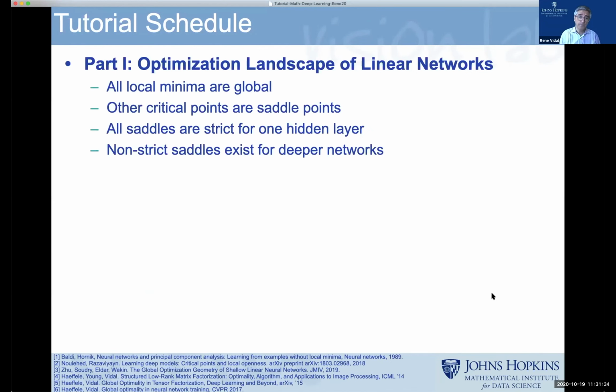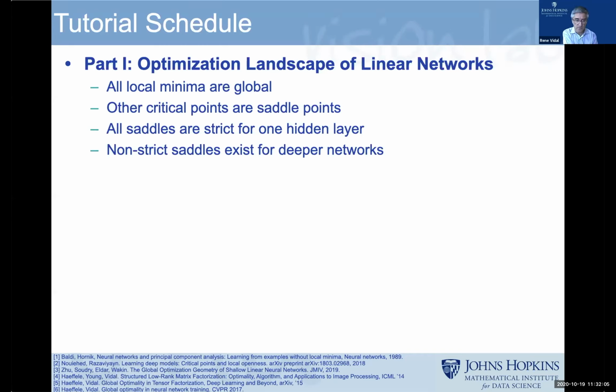As for the first tutorial, I think the big key message from the first part was to study the optimization landscape for linear networks. The main results that I shared were the following: in the case of linear networks, if you train the network without any regularization, you can prove that all local minima are global, and that other critical points are saddle points.